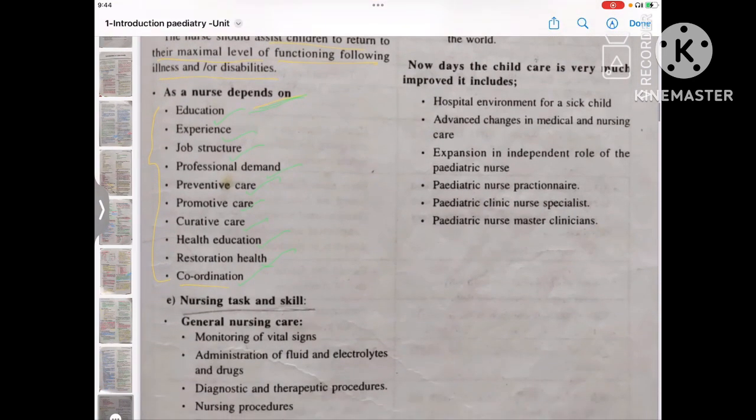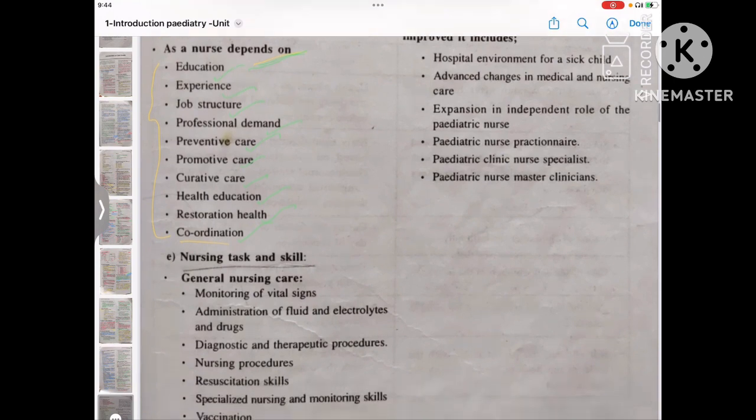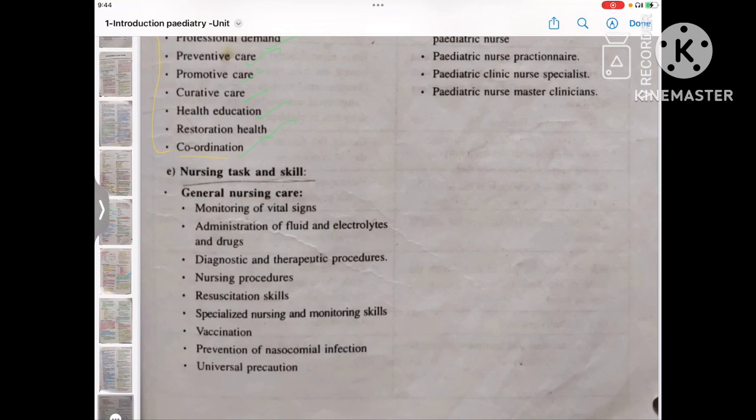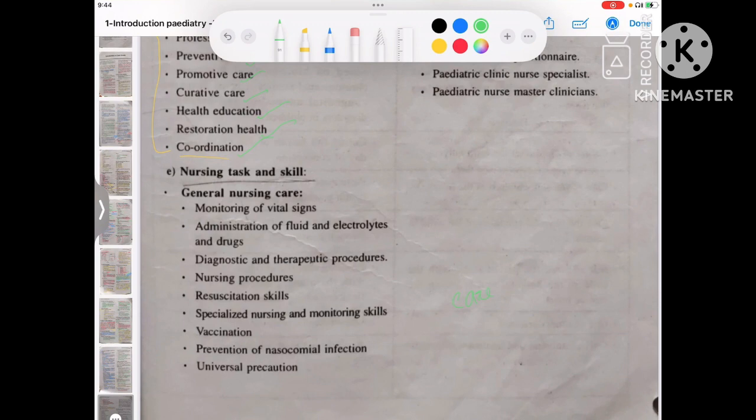And one more thing is nursing tasks and skills. Here nursing tasks means general nursing cares. So what are the general nursing cares? When we write a care plan, what are the things we will write? Normally, assess the patient, and monitor the vitals.